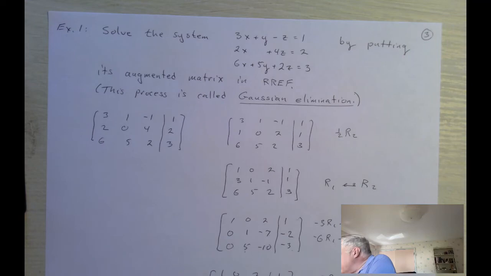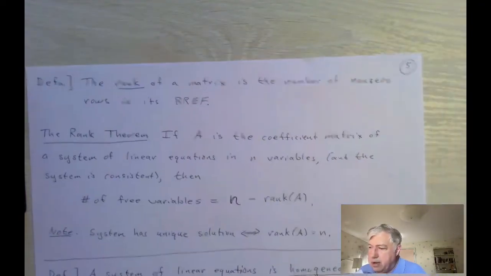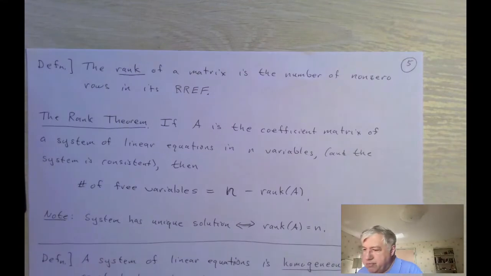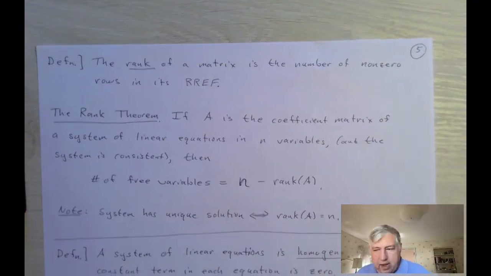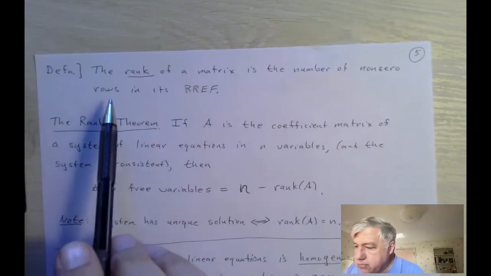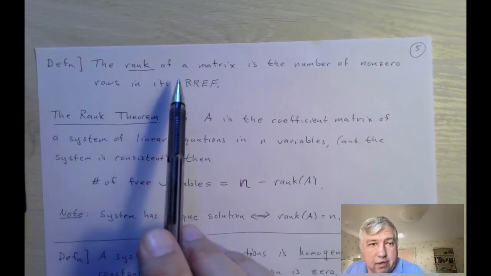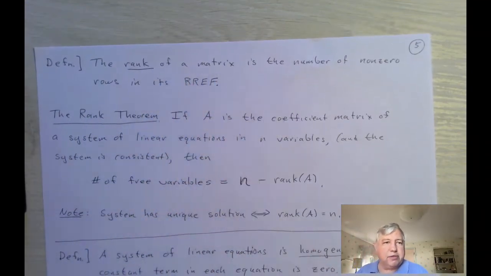A couple other things to throw at you. Have some new terms here. We have the rank of a matrix, which is the number of non-zero rows in its reduced row echelon form.